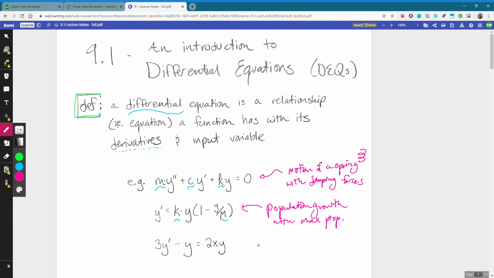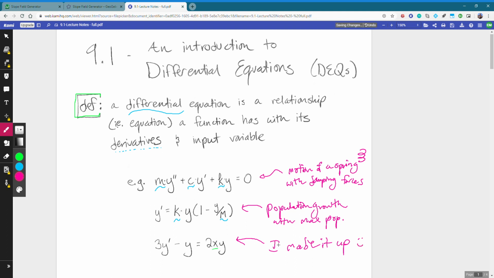Down here, this third equation is the first one of these three where the input variable x has shown up. And interestingly, this differential equation is just a random differential equation that I made up.